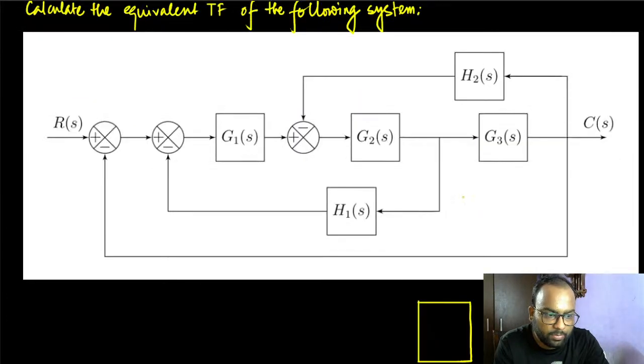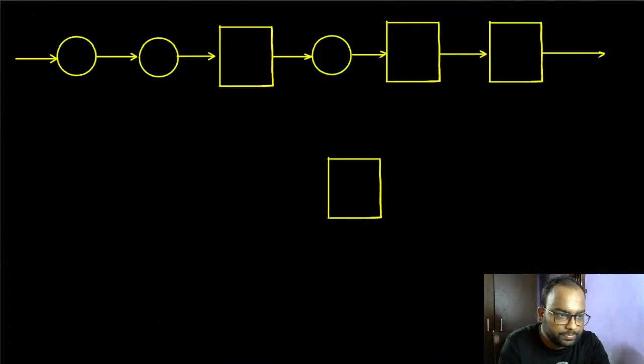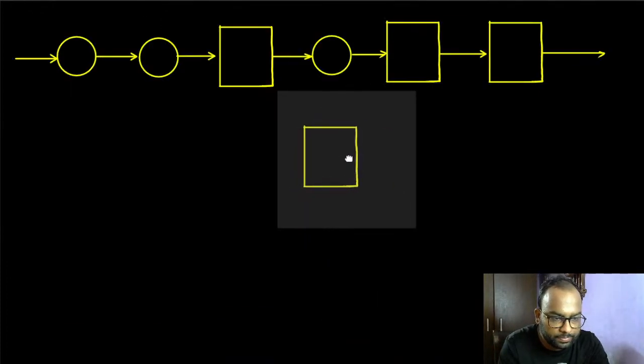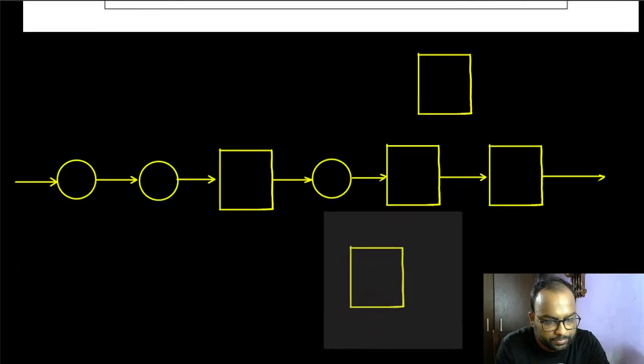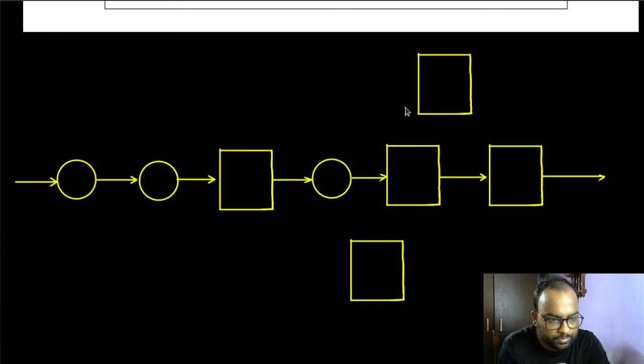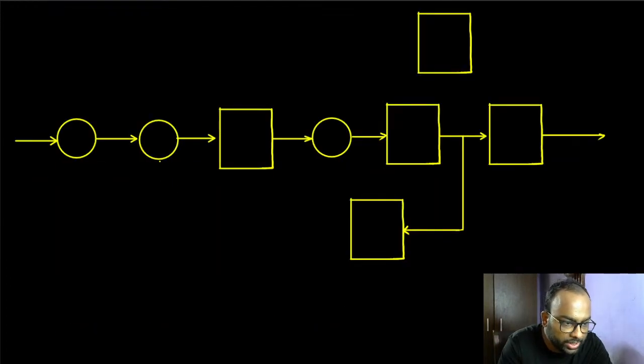Okay, that's one feedback, which is going from this to this. Let me actually pull this up. Okay. You notice the direction of the arrows. If you somehow change the direction of the arrow, the whole thing actually changes.